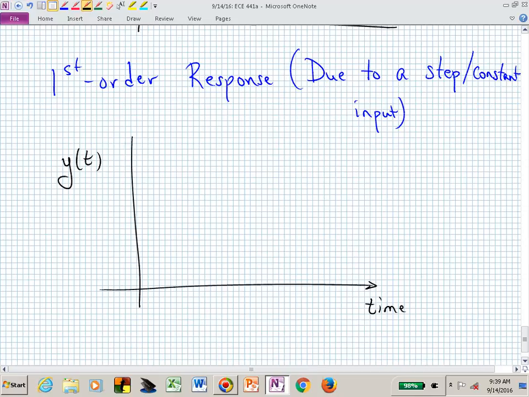I'm going to say my output of that system is y, and now you apply a constant to that, and it's first order. Do you have any clue what the response looks like? If you apply a constant to a first order system, what if I gave you an RC circuit and said apply a constant voltage to this RC circuit? What would you expect the capacitor voltage to be doing?